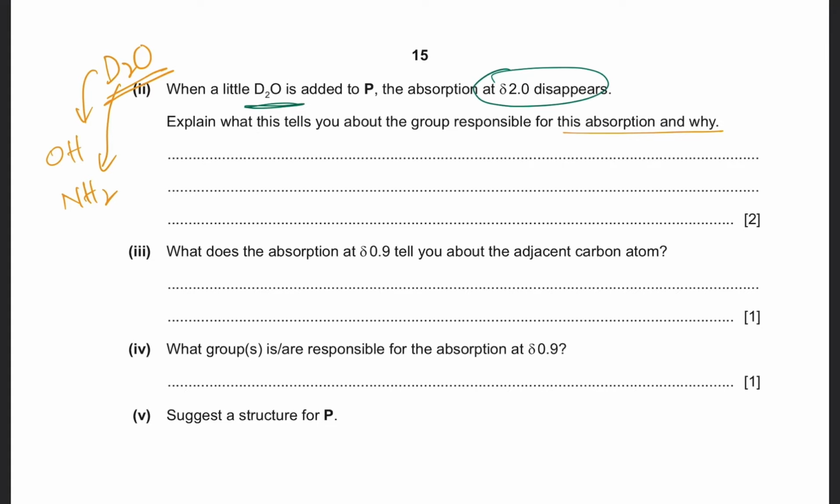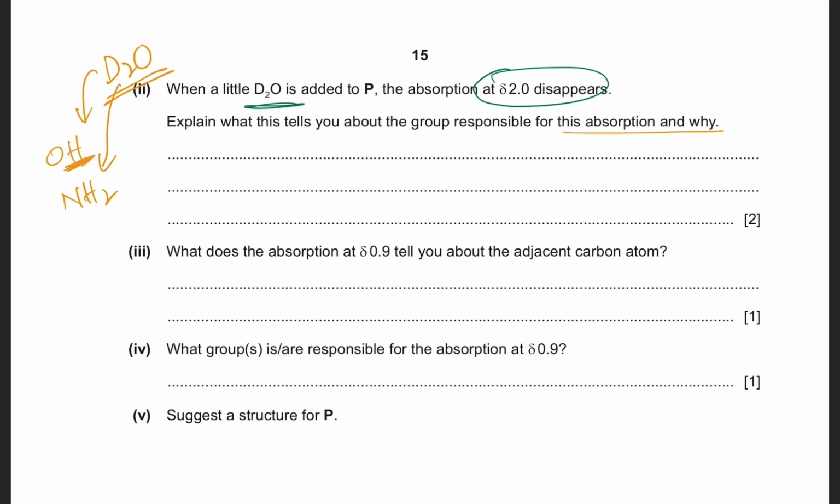Due to this proton exchange, we get D instead of protium in the structure. Deuterium will not give any peak, it is undetectable on a proton NMR, as it has an even number of nucleons, so its spin would be cancelled out.